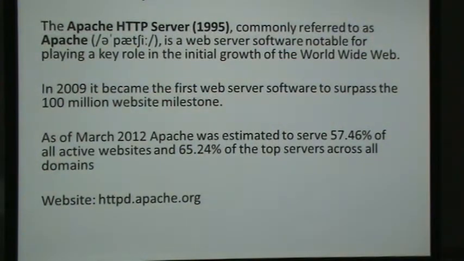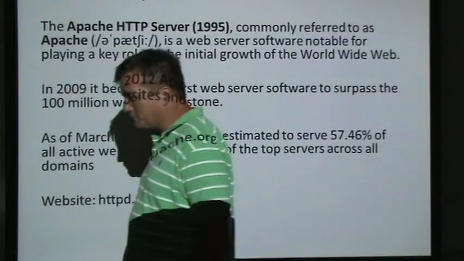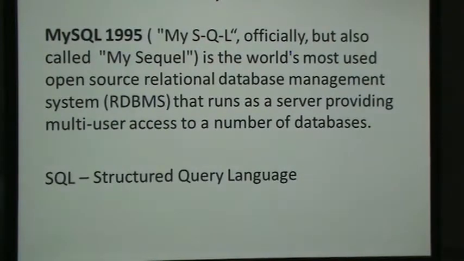So it's being used now, it's getting close to 200 million websites currently using it. And as of March of 2012, Apache is estimated to serve 57% of all websites and 65% of the top servers across all domains. And here's the website if you want to go get the download of Apache. But like I say, it's bundled together now in that XAMPP package.